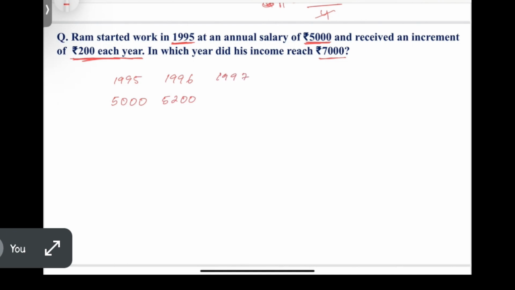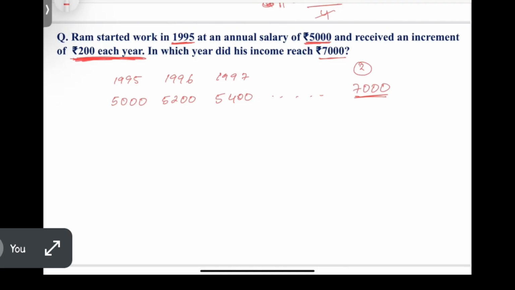Another plus 200, because every year there is an increment of 200. So which means 5,400 and so on. We need to find in which year the salary will become 7,000. Okay, this is an important question if you are to appear for this exam.